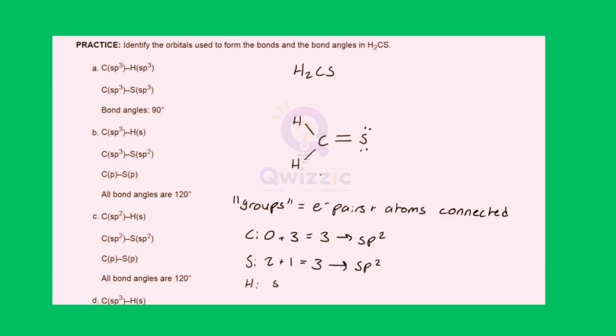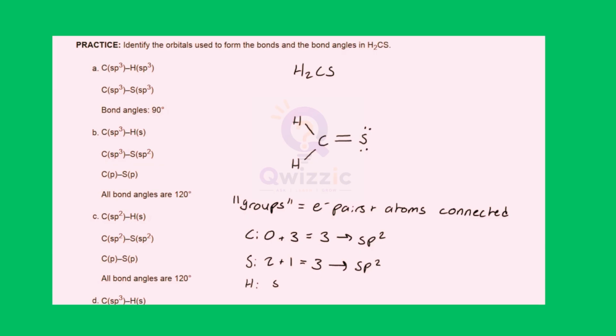So when it comes to the orbitals used for bonding, we have the sp2 orbital of carbon and the s orbitals of both hydrogens, as well as both sp2 hybridized orbitals for the carbon and sulfur double bond. But because it is a double bond, there is also one p to p overlap to form the pi bond.